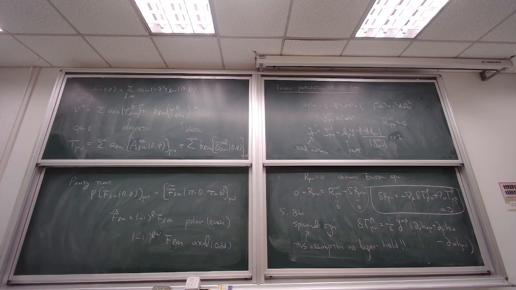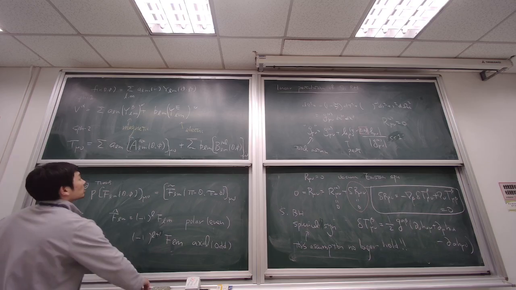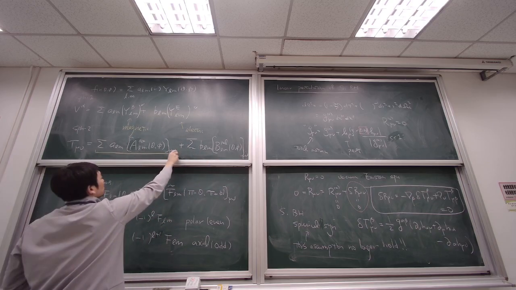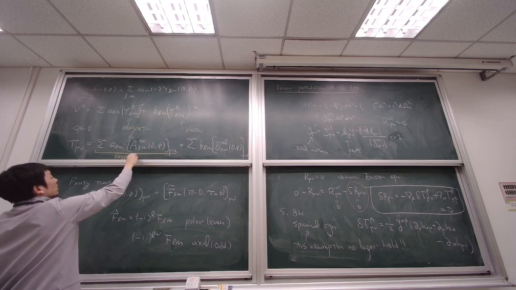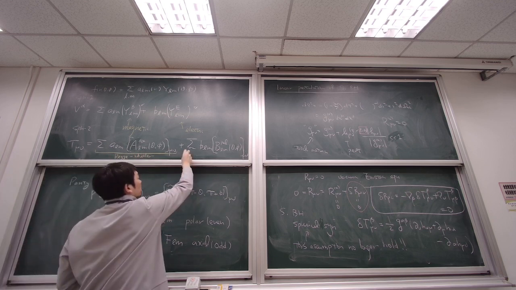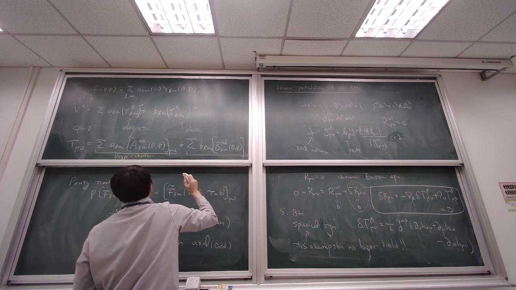And if you pick only the odd, or axial, case, so if you turn this one off and only focus on this one, you get the Regge-Wheeler equation. And if you consider the other one, it is called, what was that?